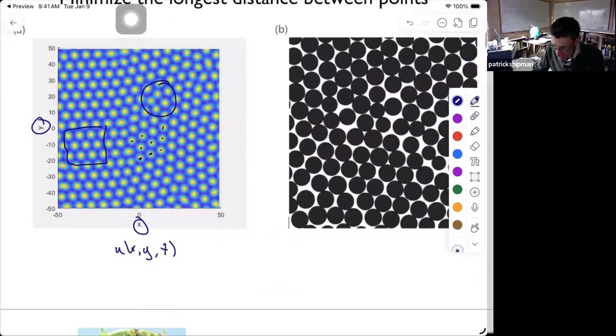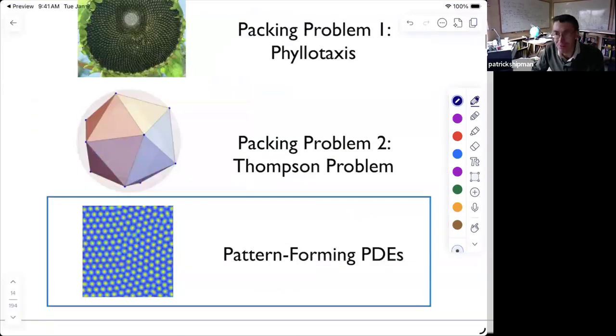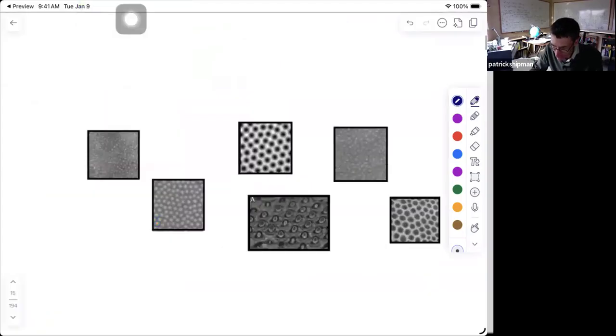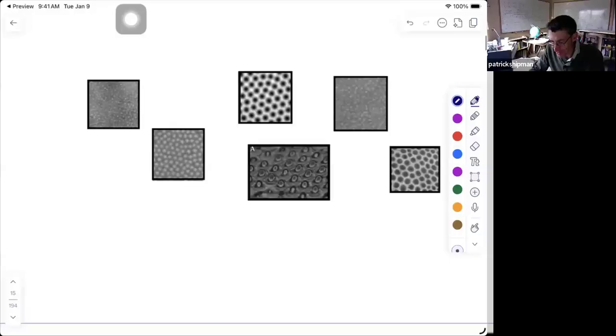I'll come back then to a general introduction to pattern forming partial differential equations and why you might think of these as connected to these two problems. This is a general overview of pattern formation, which I think is kind of fun. What I've taken here is a bunch of images.